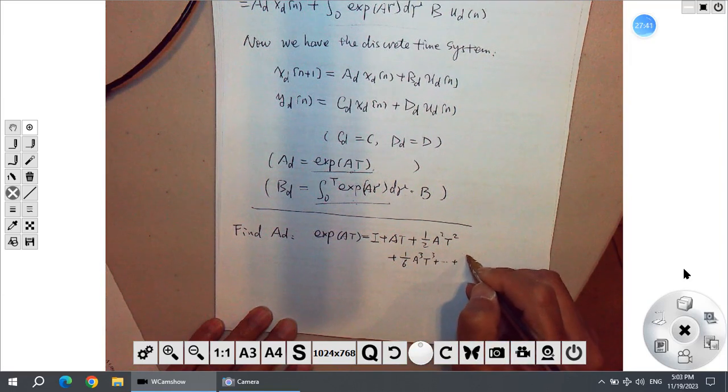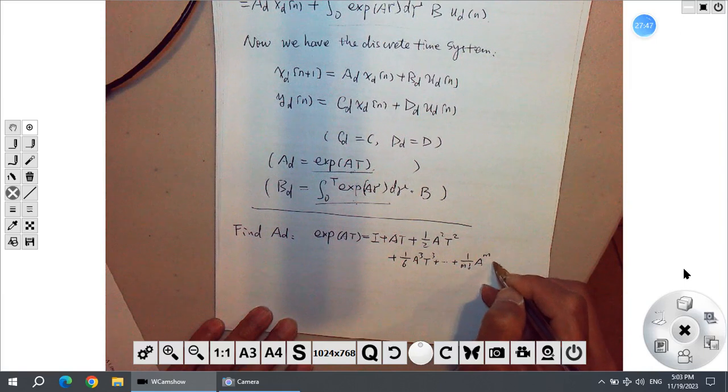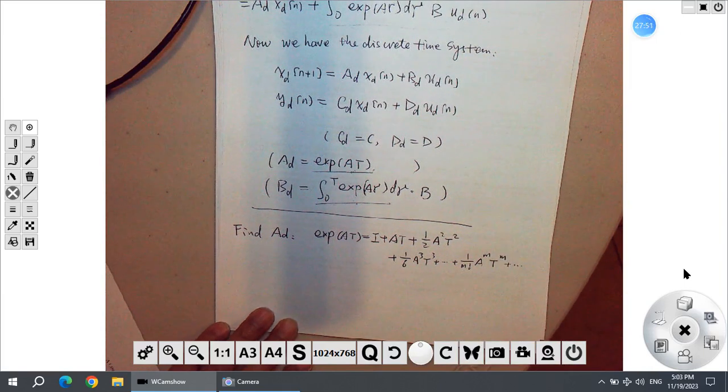Generally, it will be 1 over m factorial, a to the m, t to the m. Looks like this. And for every term, when m is large enough, this value will be very small and almost equal to 0. So you calculate like 1, 2, 3, 4.